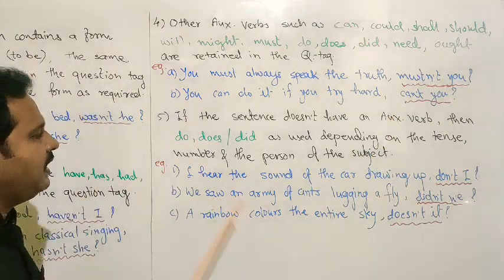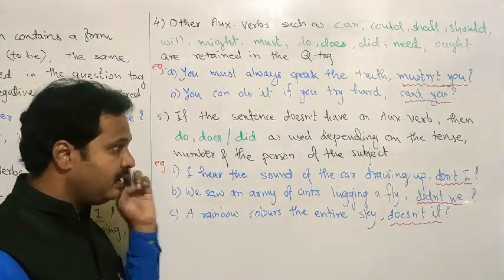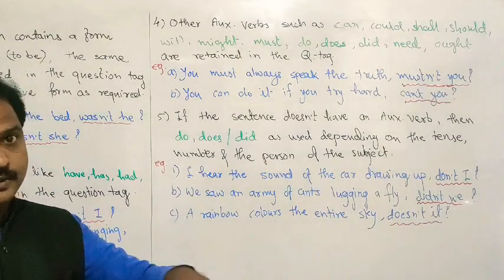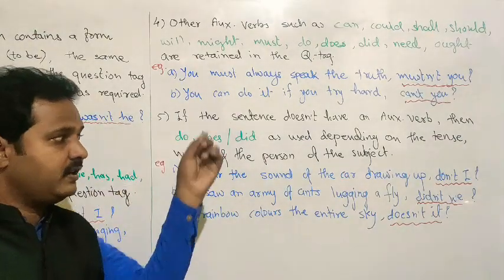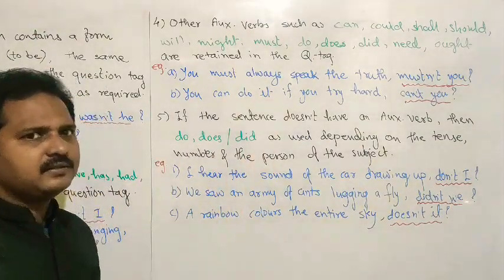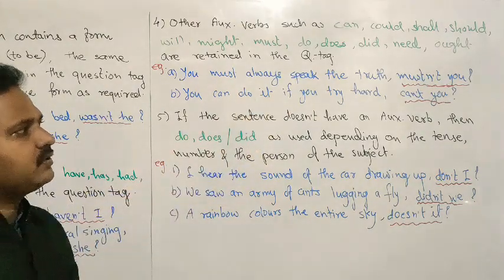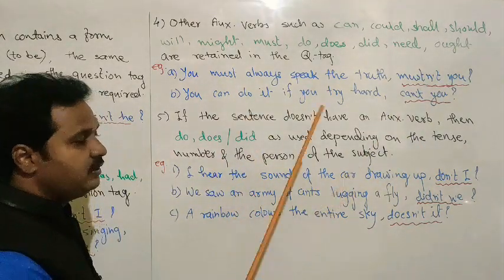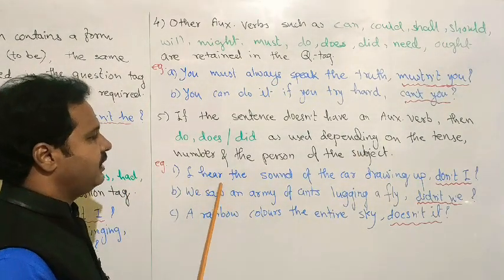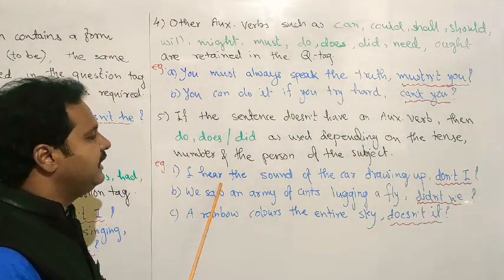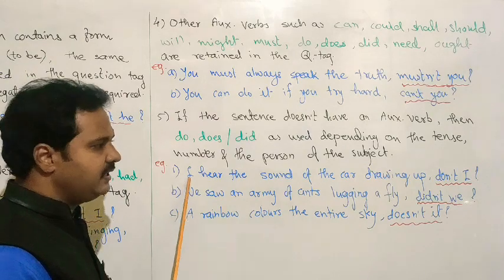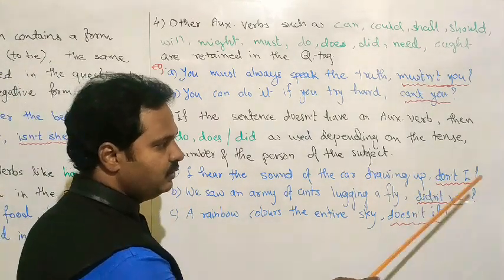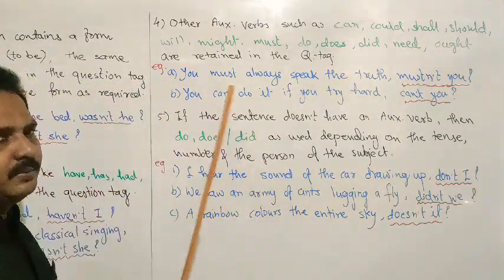Let us see the example. I hear the sound of the car drawing up. That is, don't I? Here, no word is an auxiliary verb. That's why we use do, does, did here. I hear, that's present tense. Then first person is there. Then do is used here. Don't I? Because it is positive.